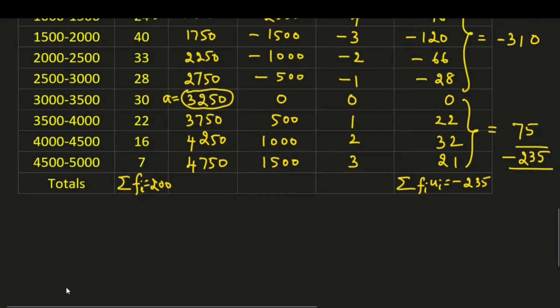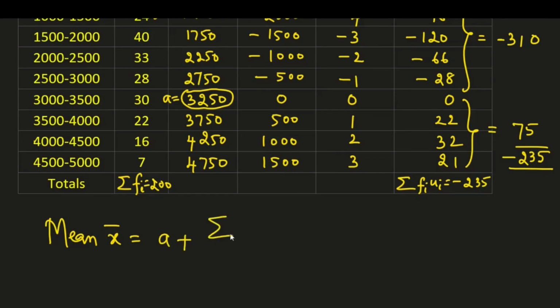Now let us write the formula for mean. Mean x bar is equal to a plus sigma fi ui by sigma fi into h.